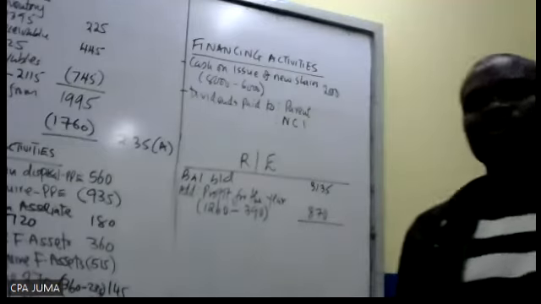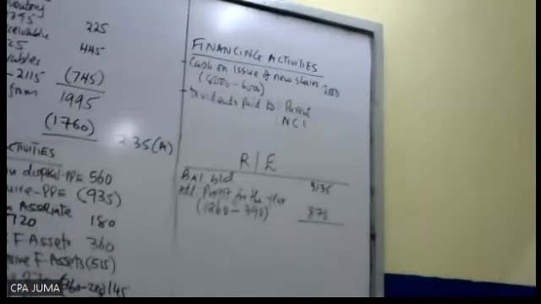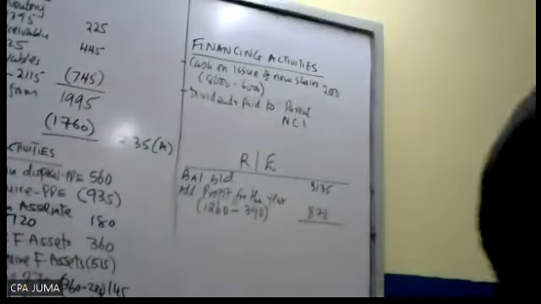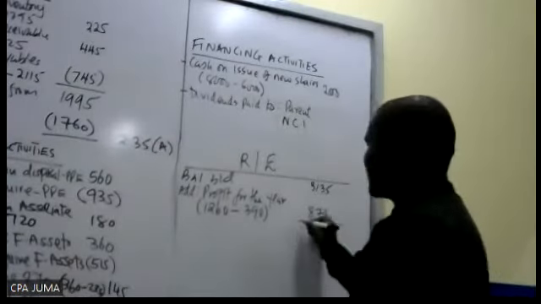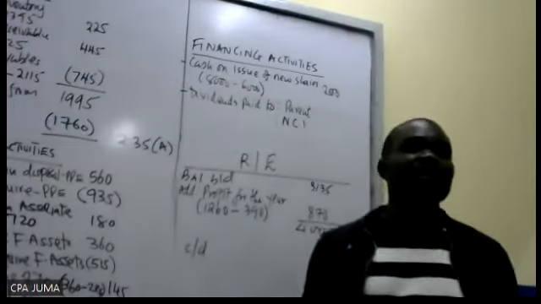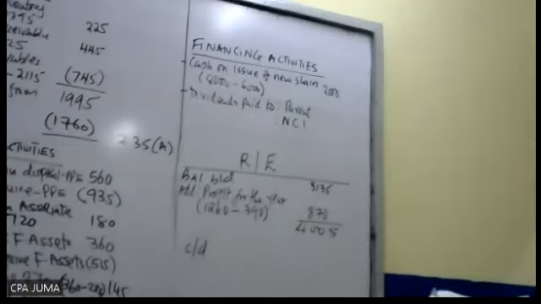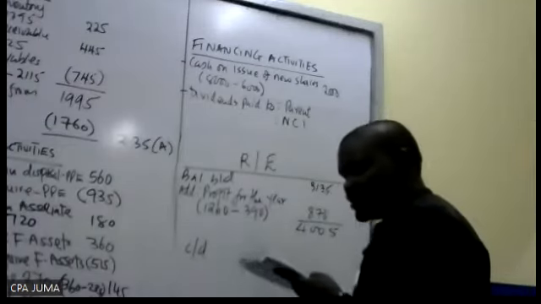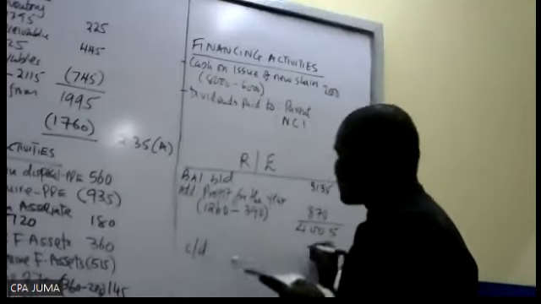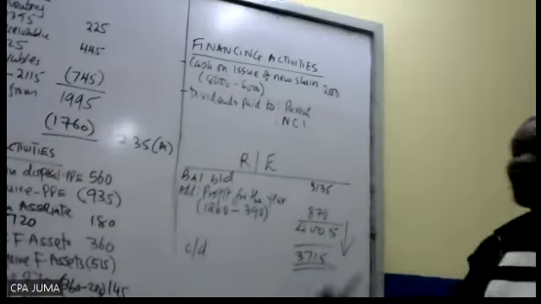Can you add those two? 4005. Skip one line. Is that the profit being reported by the accountant at the end? No. How much is this at the end? 37.15. Decrease. Profit has gone down.